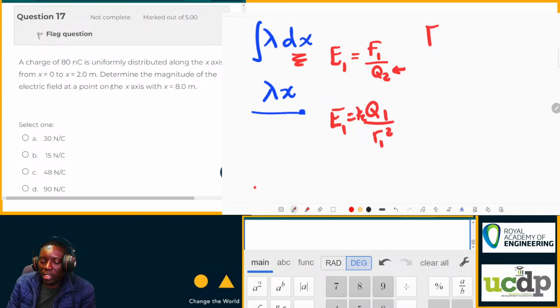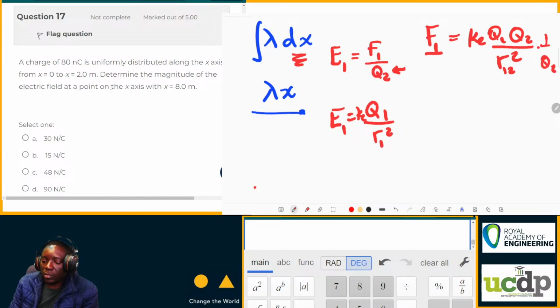So remember, we said this is from Coulomb's law. F1 will be Ke times Q1 Q2 over R squared, where this will be R12, the distance from Q1 to Q2. And as such, if we divide both sides by Q2, we have F1 over Q2 in terms of Q1 alone.